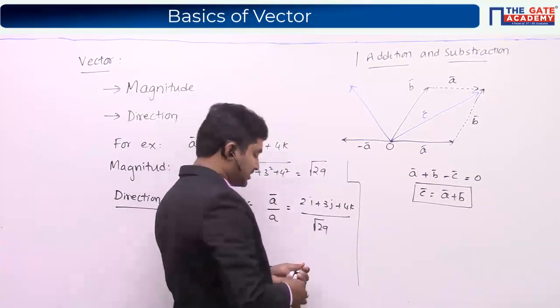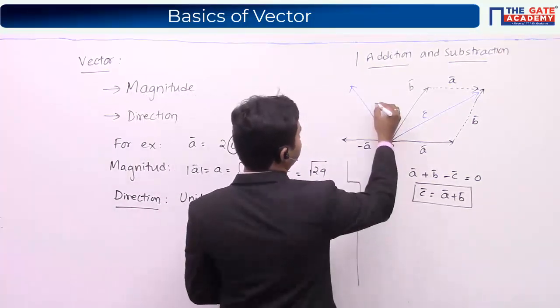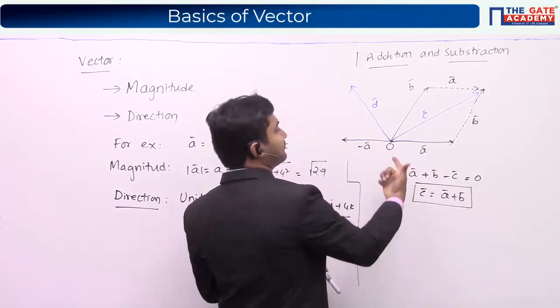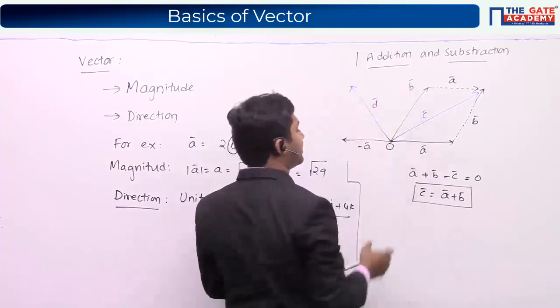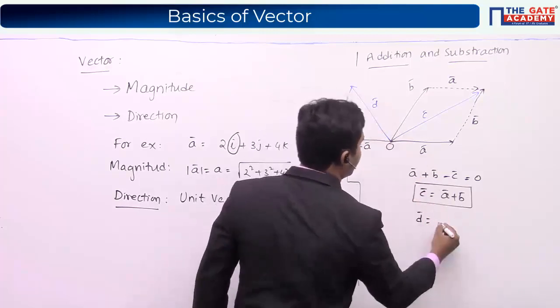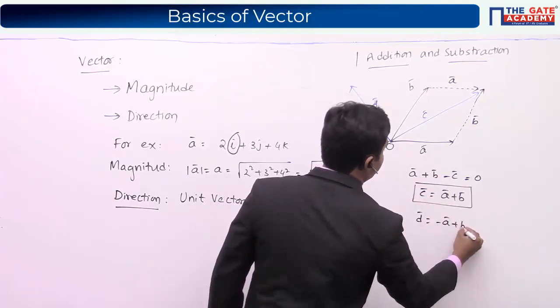If I call this vector D bar, this D bar is nothing but the vector addition of minus A bar and B bar.